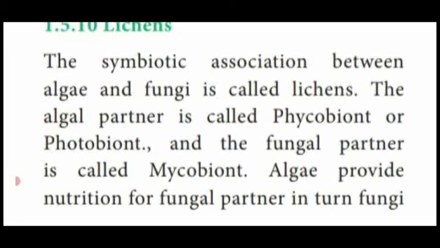The fungal partner absorbs water and mineral salts from the soil and transports them to the algal partner. So both the organisms benefit by sharing the material between them. That's why this association is known as symbiotic association. So the association between algae and fungi is known as lichens.